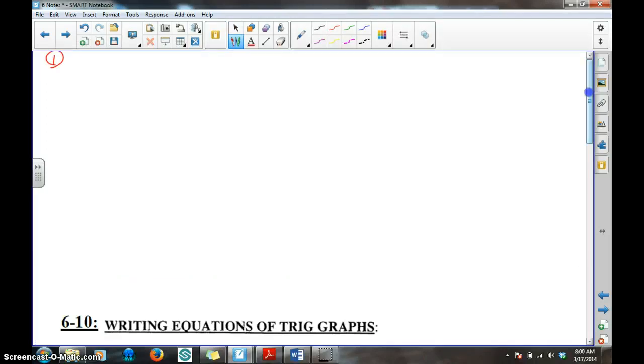The very first thing that I'm going to want you to do when you are trying to name a graph is to find the horizontal middle of the graph. I'm going to call that the midline.